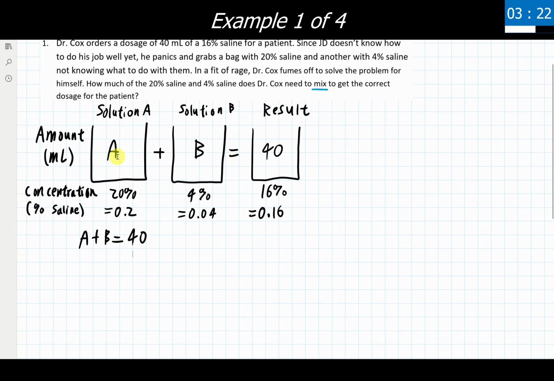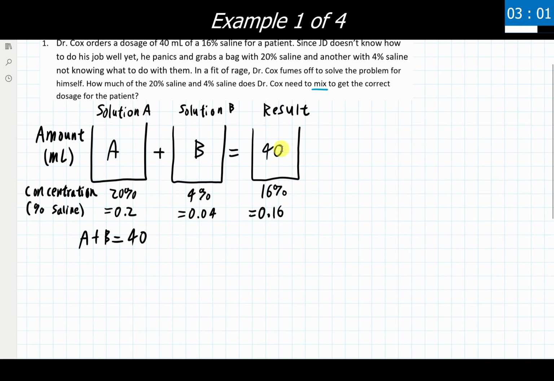A milliliters plus B milliliters is going to be a combined total of 40 milliliters. That seems reasonable there. Our second equation, because we have percentages, is going to be the amount of A times its concentration plus the amount of B times its concentration.